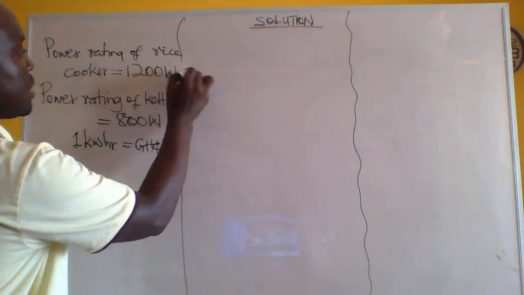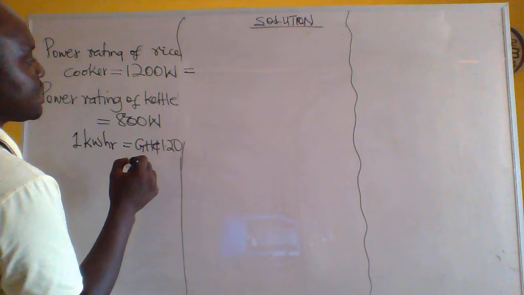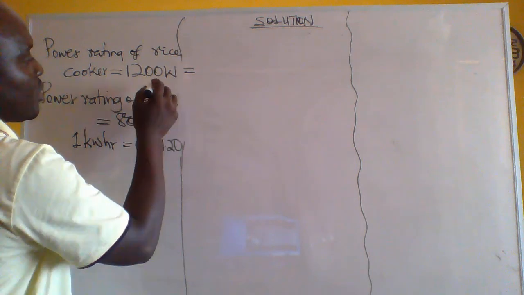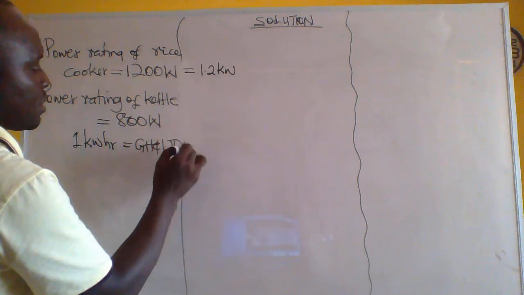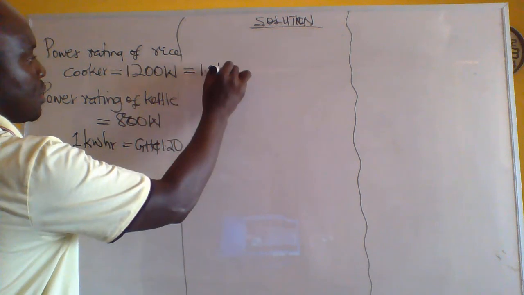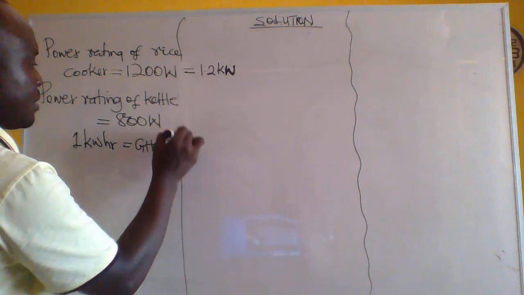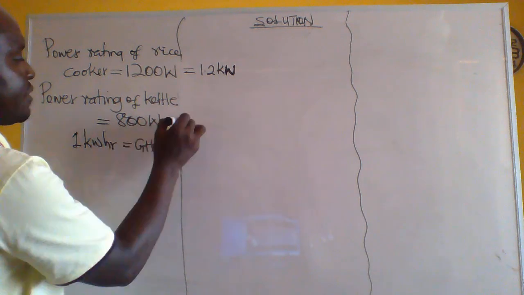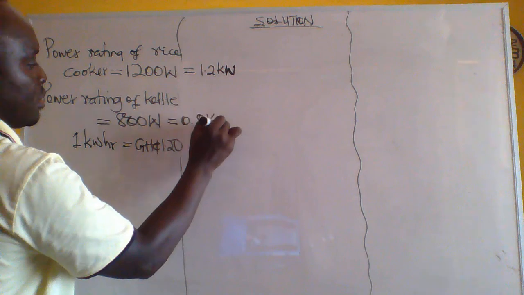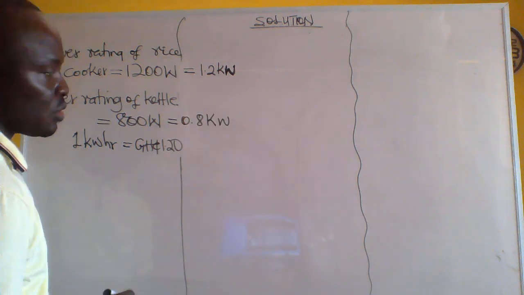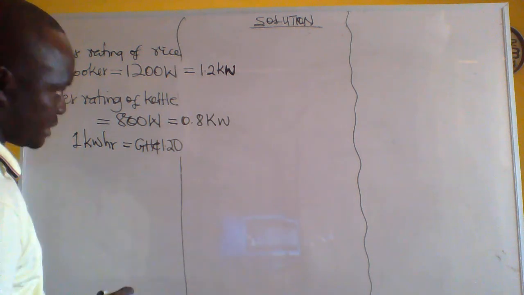So divided by 1,000 gives us 1.2 kilowatts, and 800 divided by 1,000 gives us 0.8 kilowatts. So, important.